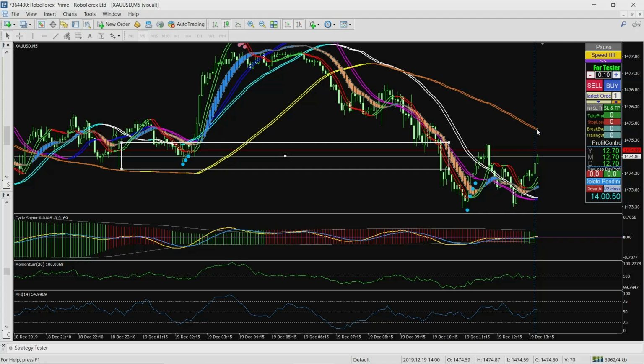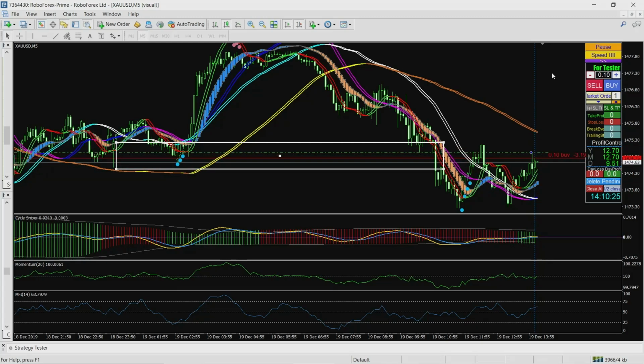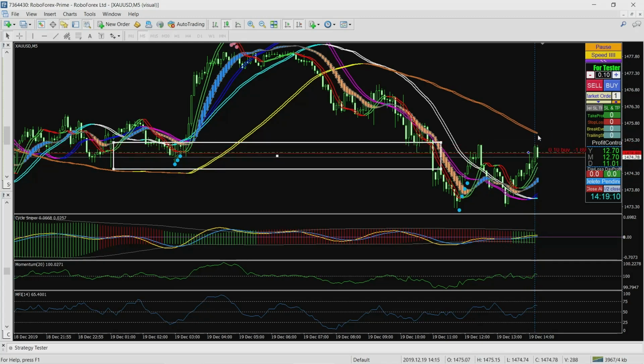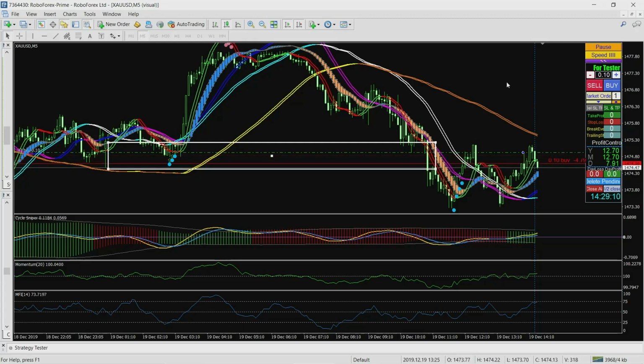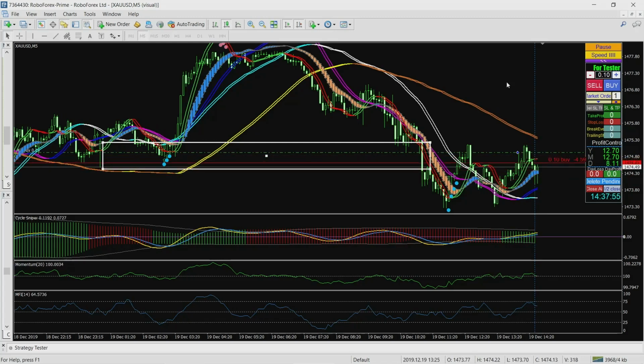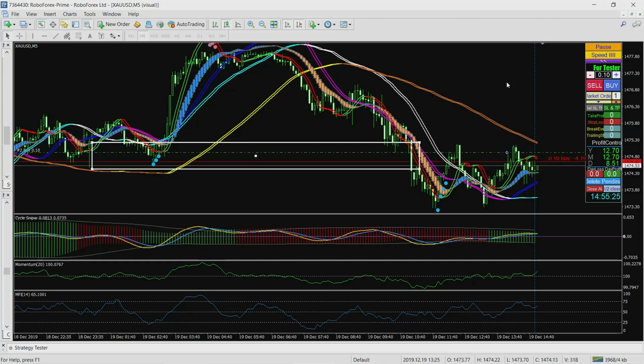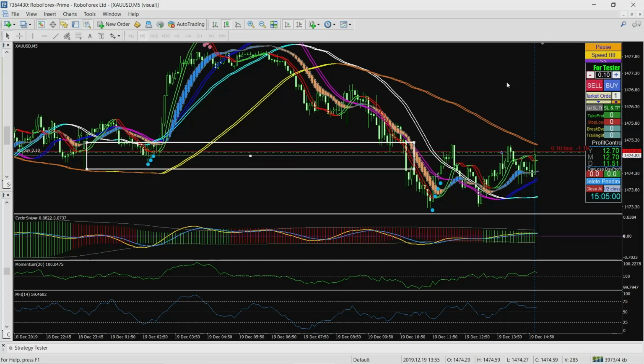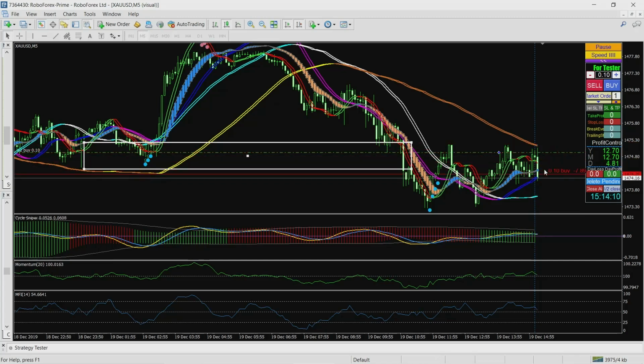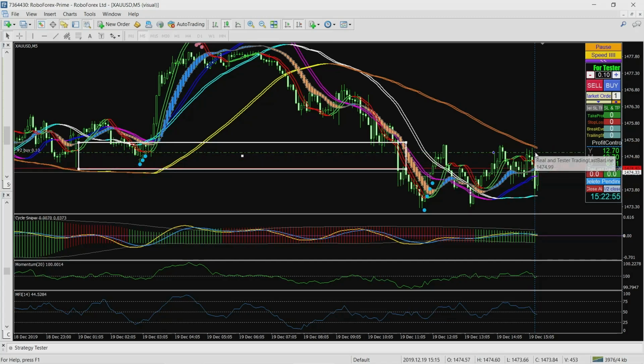But our target is limited. We can add a close above the 200 Beta Bands. As you see, it's testing Beta Bands.